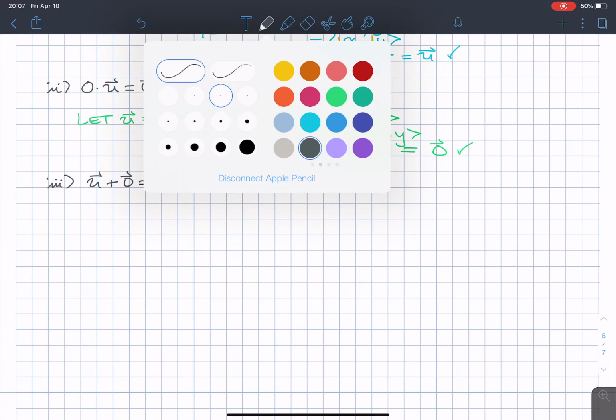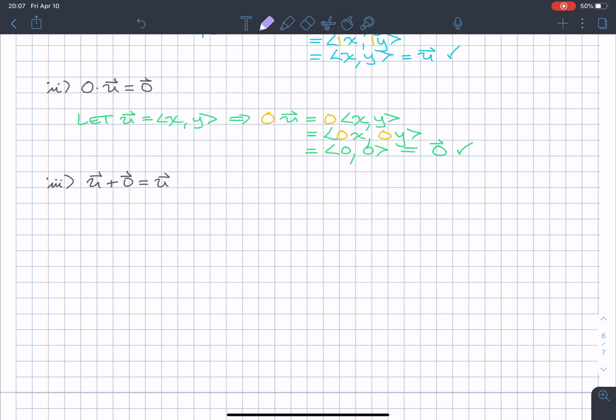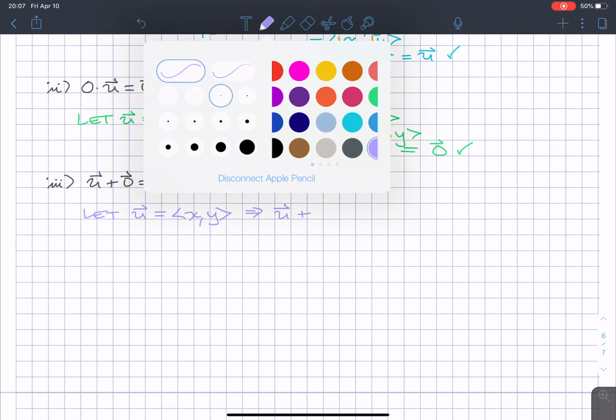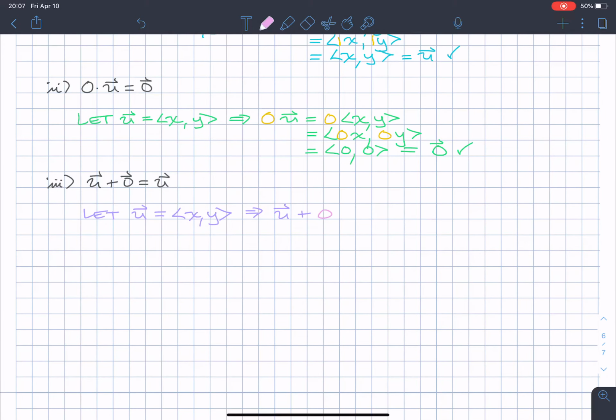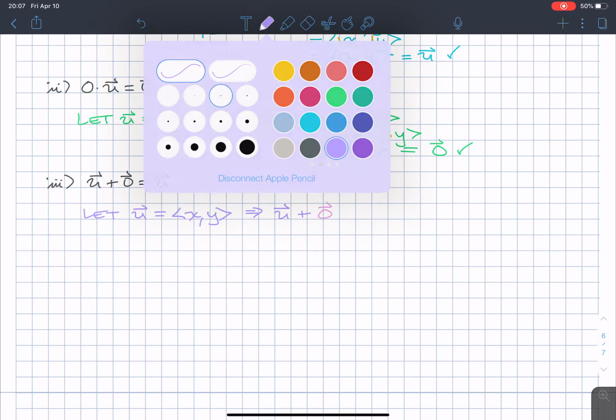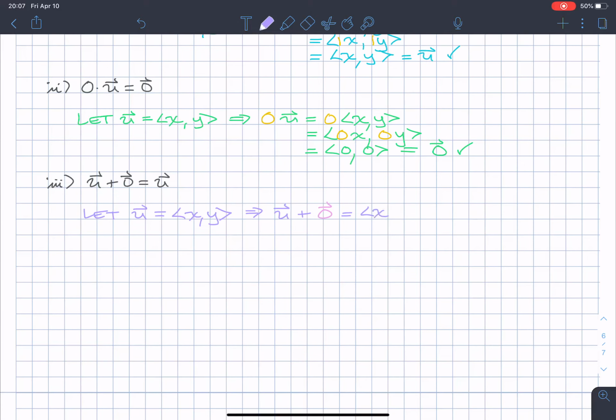Okay, so let's let vector u be equal to x comma y. So that means that vector u plus the 0 vector will be equal to x comma y plus 0 comma 0.